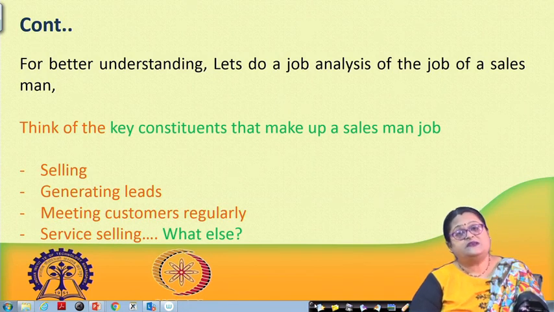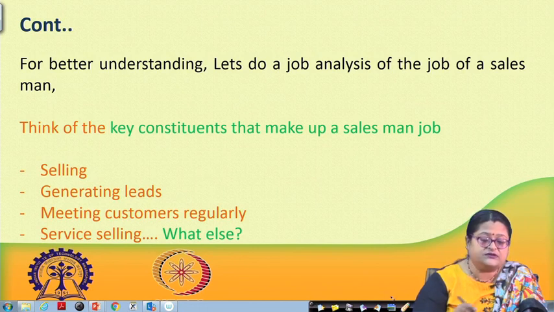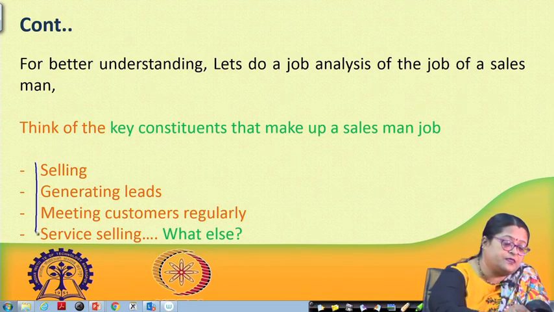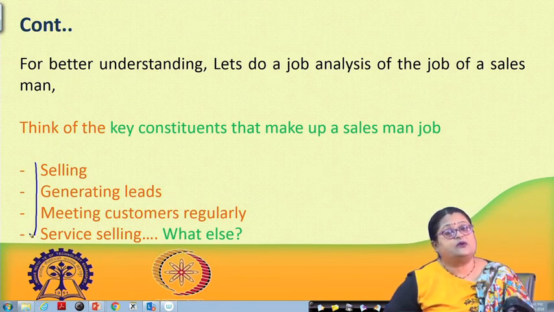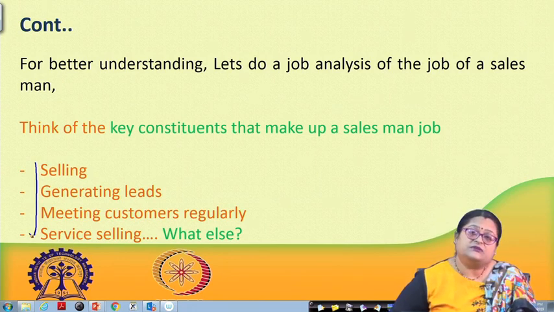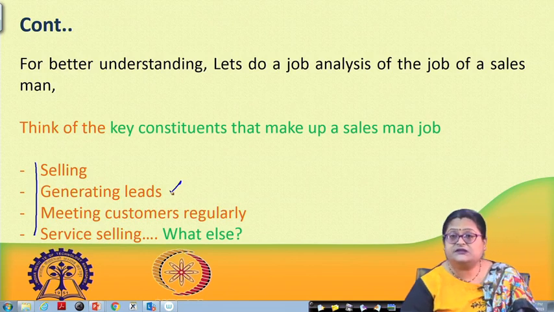Also, what may so happen, these are the factors, different constituents of salesman job. The priority of these may vary according to the nature of the organization. For something, maybe selling is important, but for another salesperson, according to the job role that is given, maybe generating leads is important for that person.